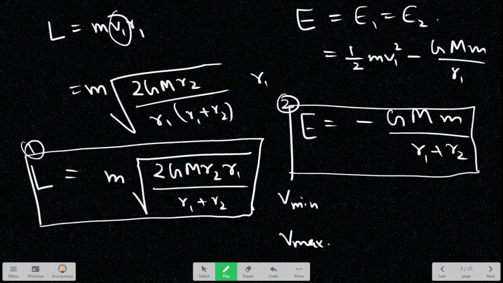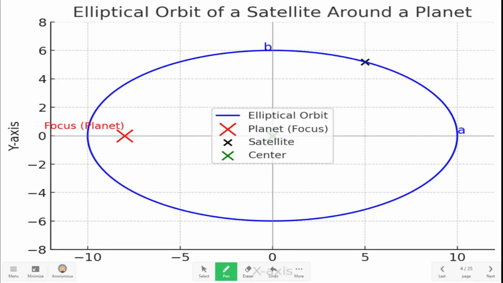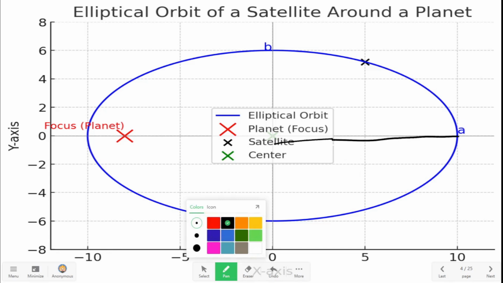Now you need to be able to write these formulas in terms of ellipse parameters as well. So we know that for an ellipse there is a semi-major axis, which is the distance from the center to this point.